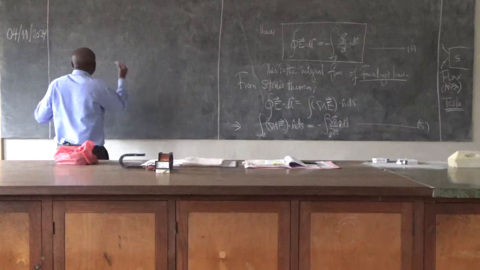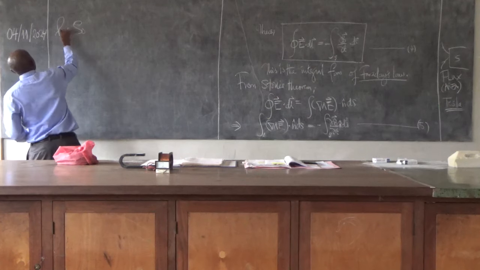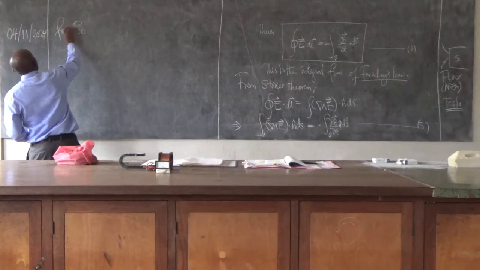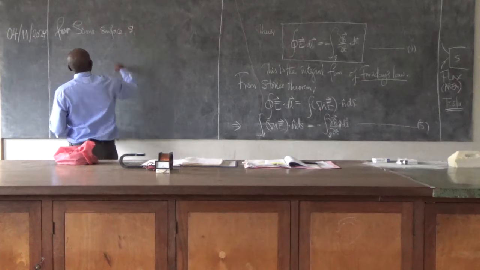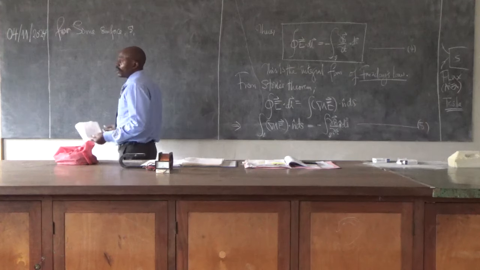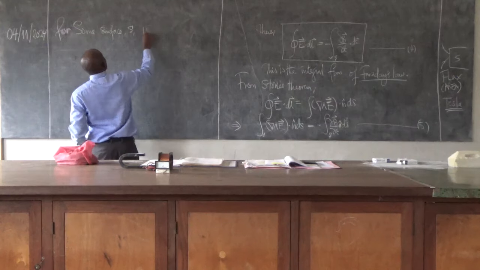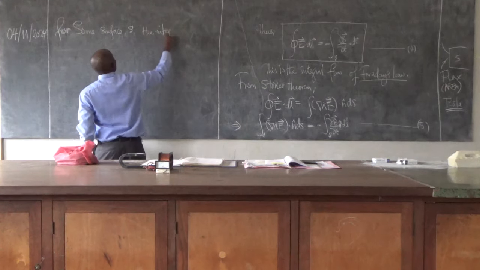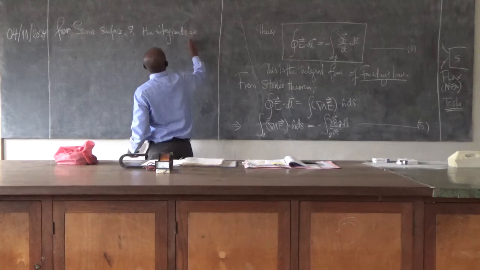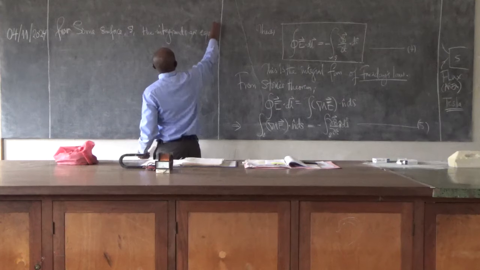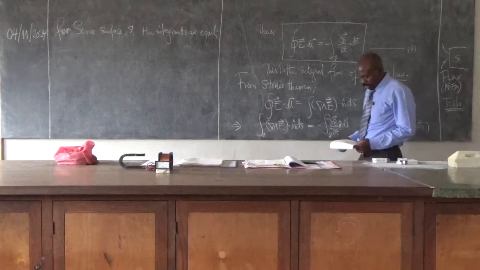So for some surface S, the integrands are equal. For an arbitrary surface S, the integrands are equal, because we are just doing this dS for integration.